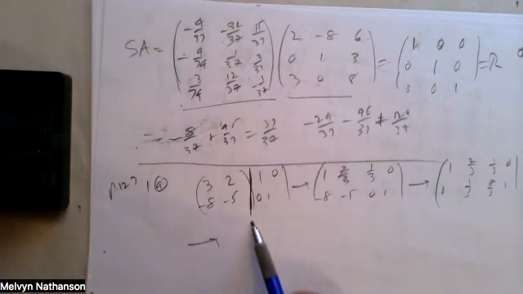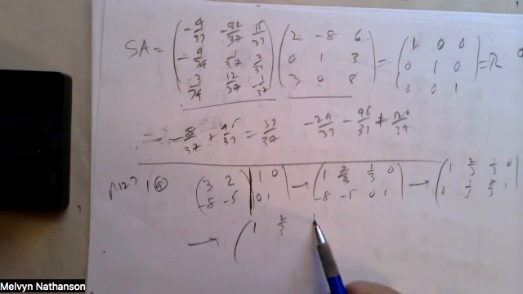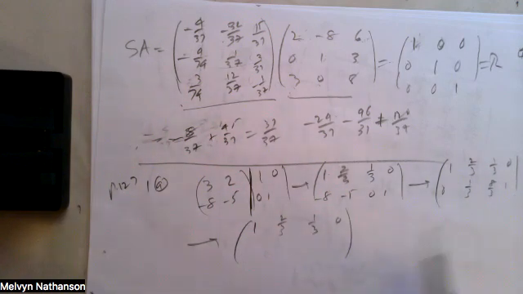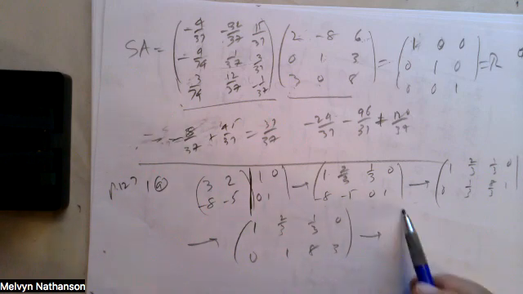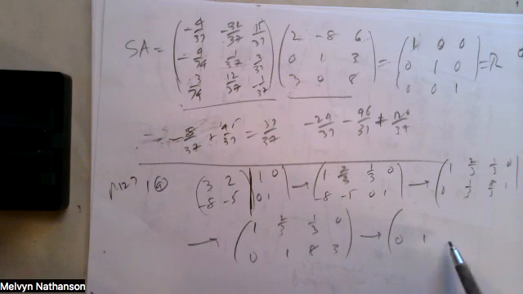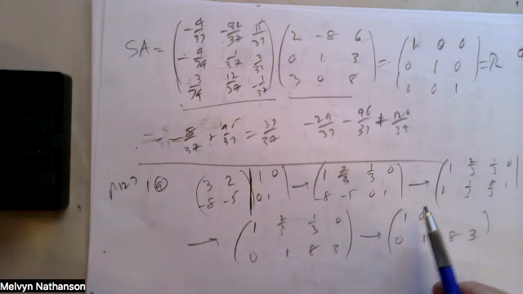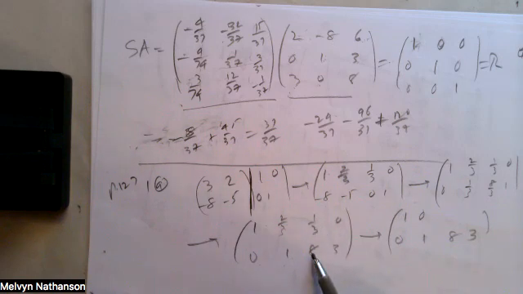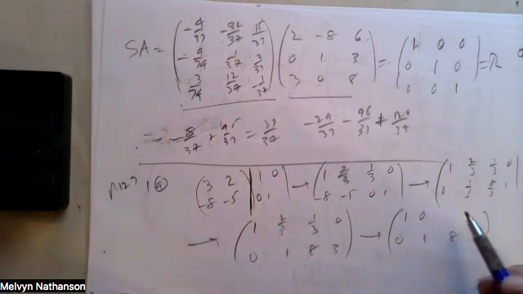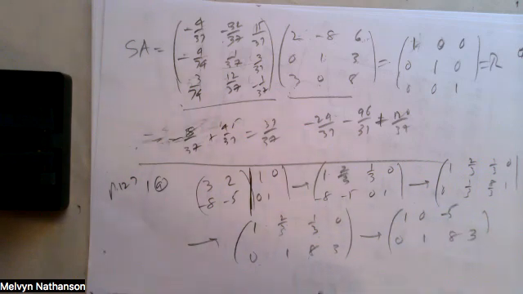I want to make this a 1. Here's my first row. Multiply this row by 3. 0, 1, 8, 3. And then to make this 0, I take the first row minus 2 thirds times the second. 1 minus 0, 2 thirds minus 2 thirds. 1/3 minus 2 thirds times 8 is 1/3 minus 16 thirds, minus 15 thirds, is minus 5.